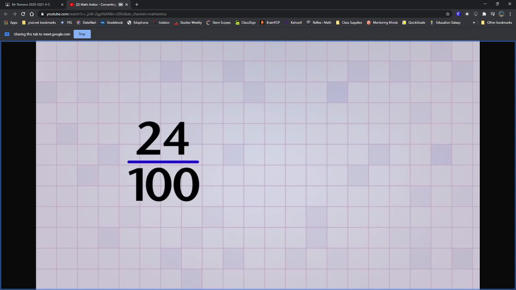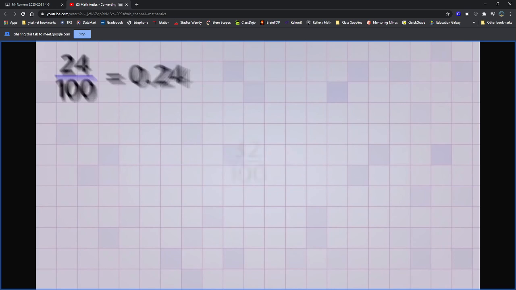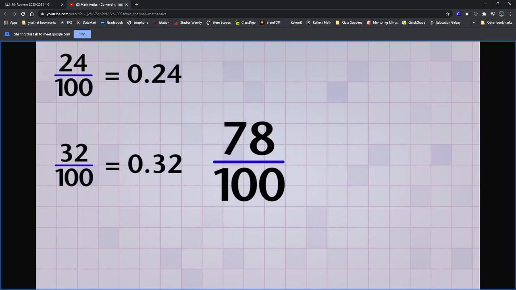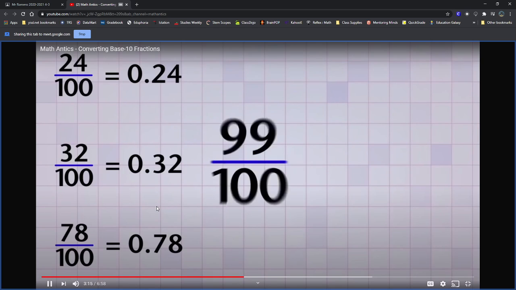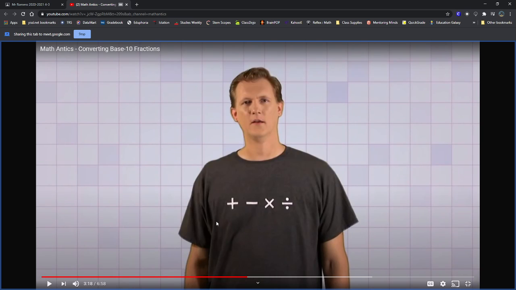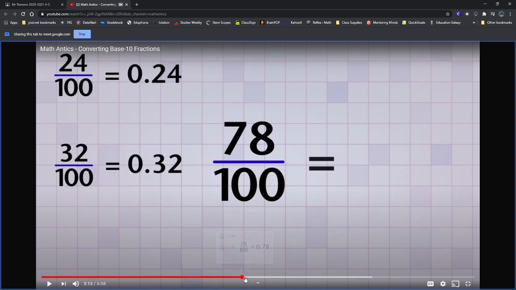Look at it. 2 over 100 would be 0.02. So again, notice what's happening there.